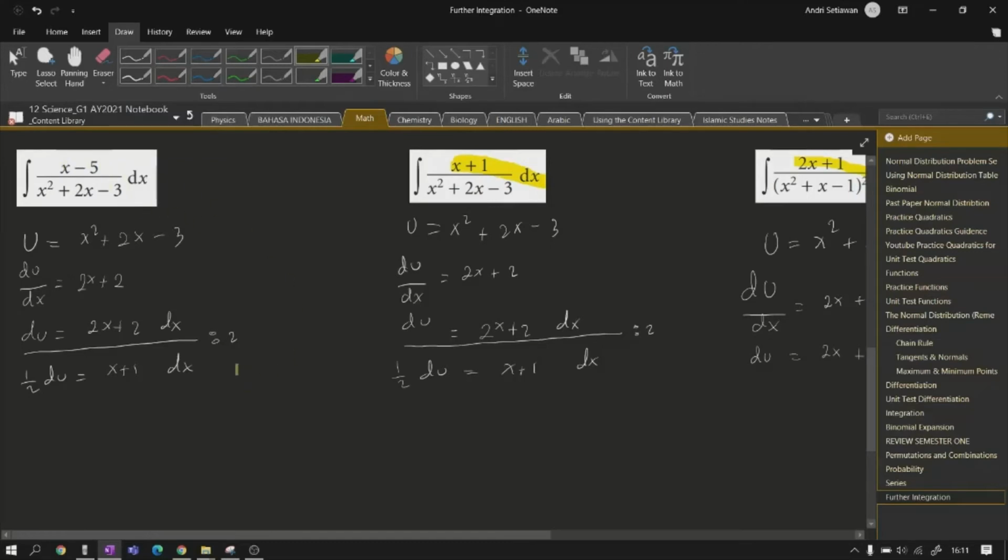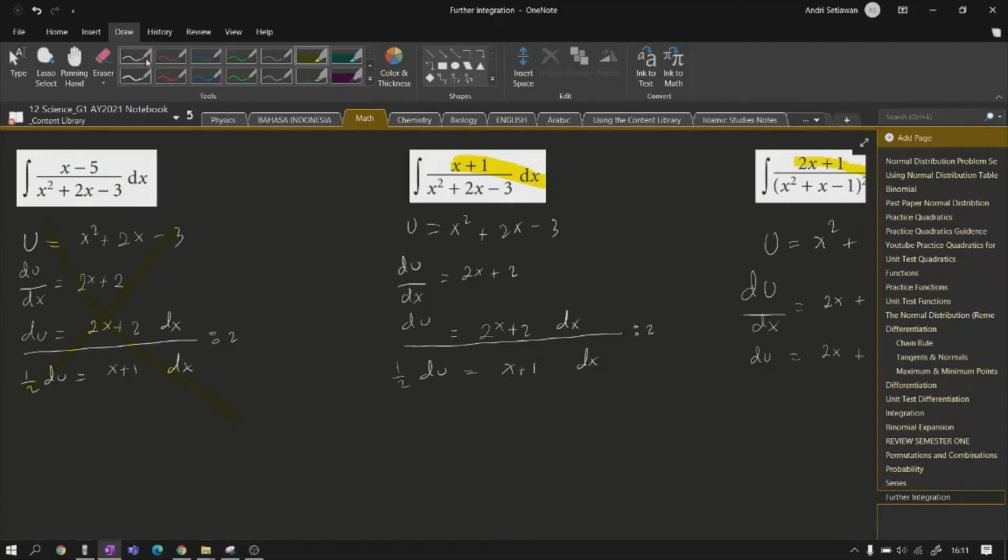This is not equal. So if the first derivative of u is not equal to the other term, in this case the above term, you cannot use the substitution technique to solve this question.